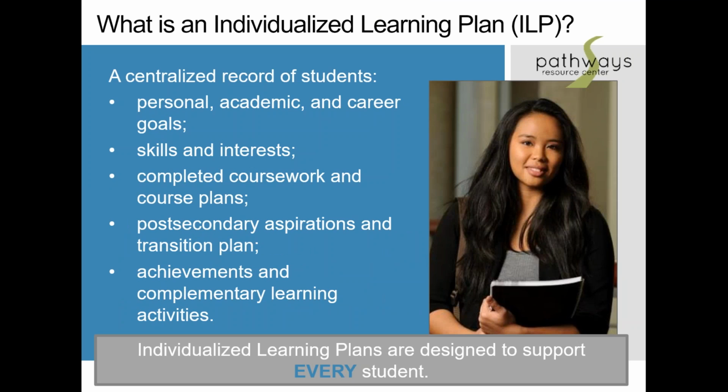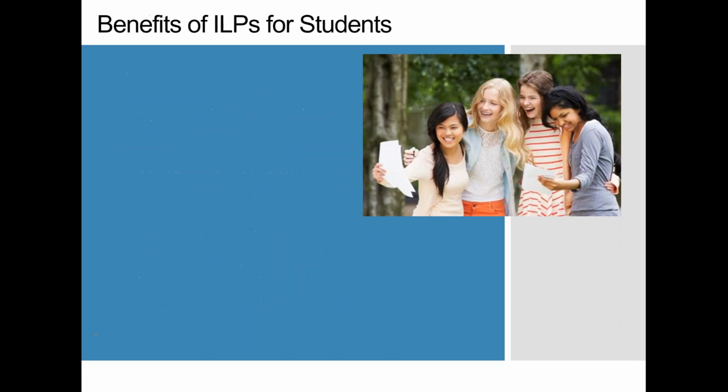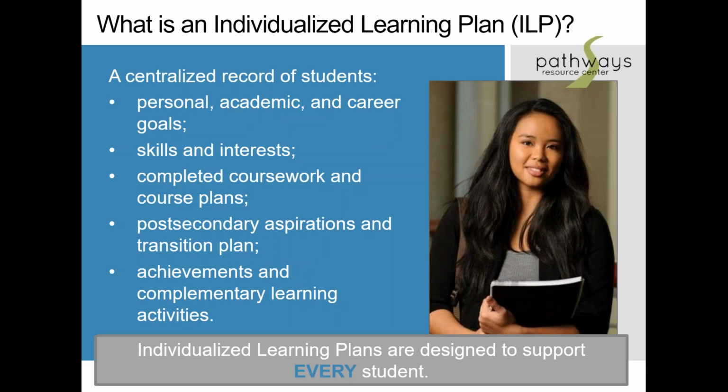So I'm going to start by defining what we mean by individualized learning plans, or ILPs. ILPs are living documents. They are created through a student-centered process that results in a customized education plan. Students are active agents in creating ILPs, but they need help, so they get guidance from parents, teachers, counselors, and other people, even employers, in creating a plan that will help them achieve their goals.